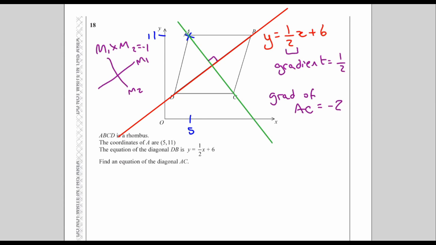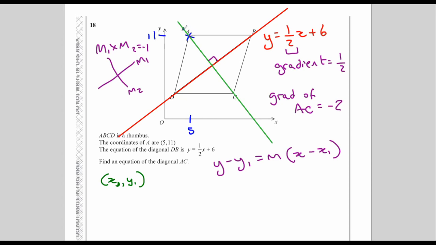Now we know the gradient and we know a point. So we can use the equation y minus y1 equals m times x minus x1 to find out what the equation is. Now y1, x1 is just a coordinate on the line. Any coordinate on the line.